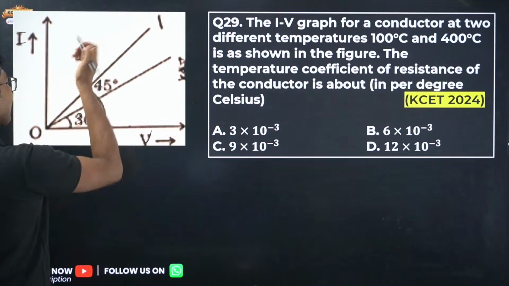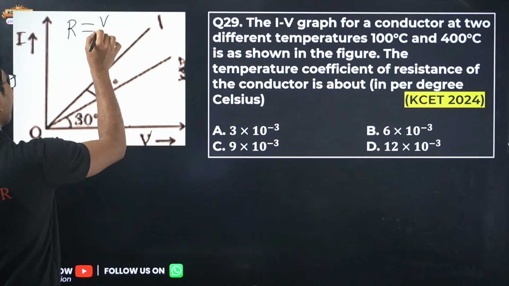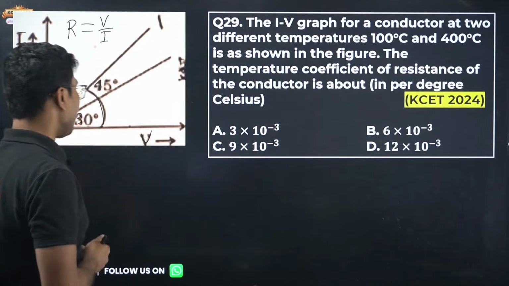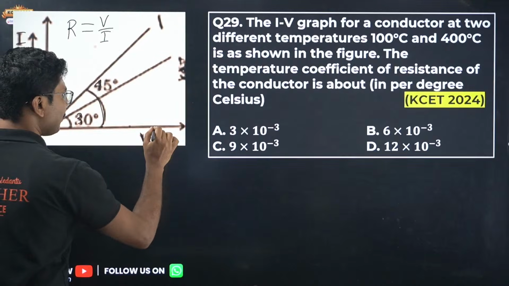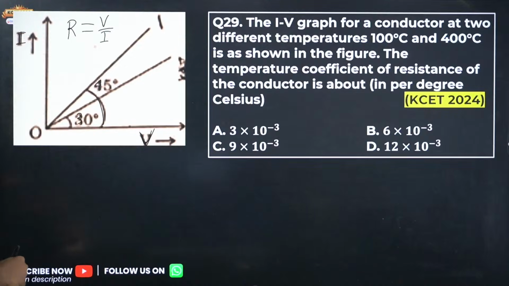Now first of all, you have to calculate the resistance. Resistance is V upon I. In this particular graph, V is plotted along the x-axis and I is plotted along the y-axis.